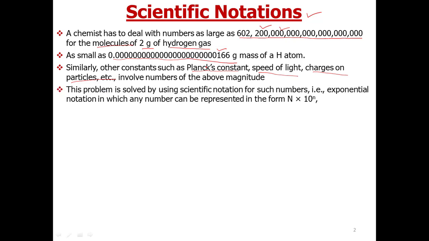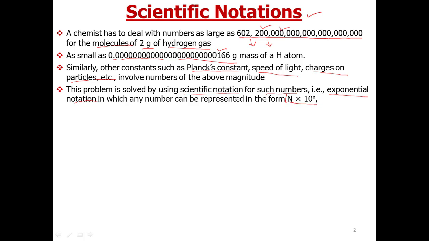When we have to add, multiply or subtract these numbers, if we write them as they are, it becomes very difficult. So in order to simplify, we use scientific notation, also called exponential notation, which is of the form N into 10 raised to the power n.